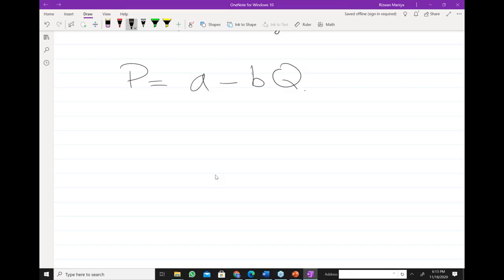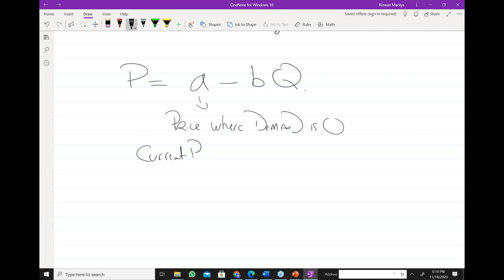Now, where A is what? Price where demand is 0. Okay, and we find this through a formula, and the formula is, if you don't know, you can copy it.